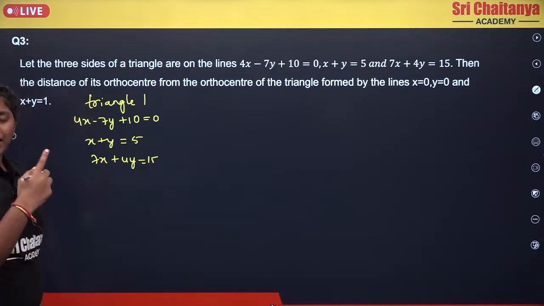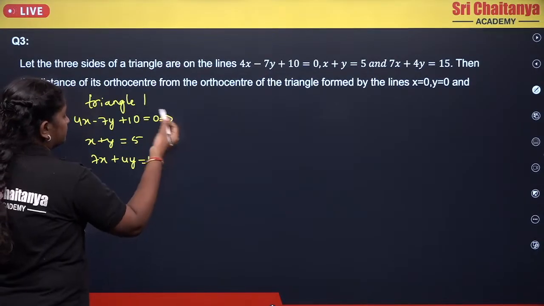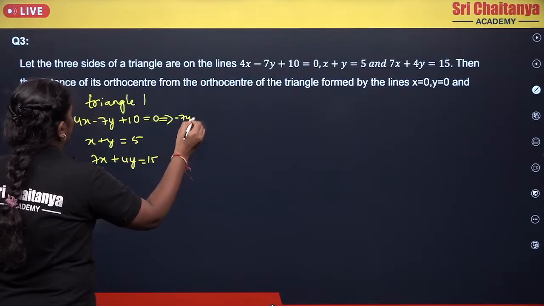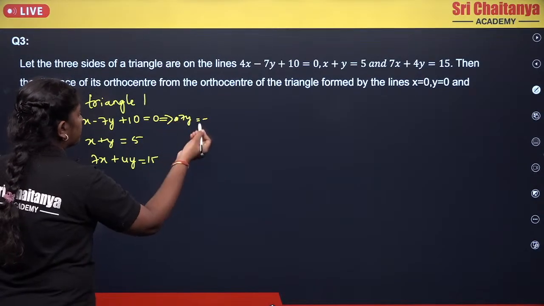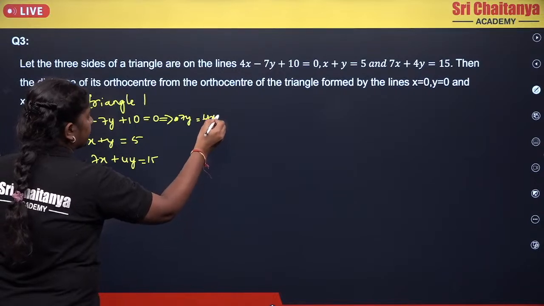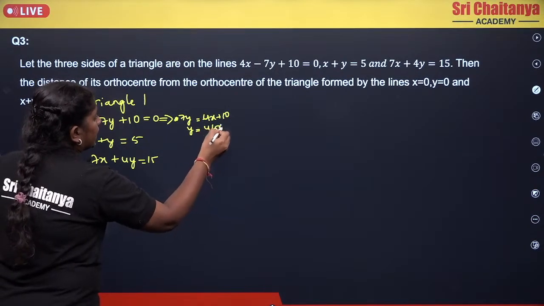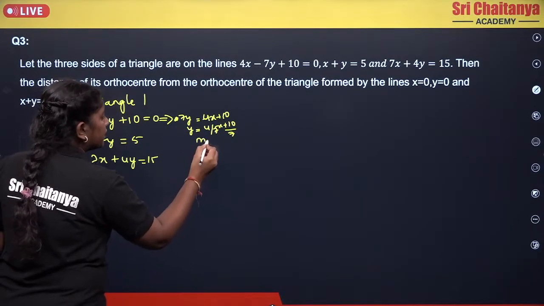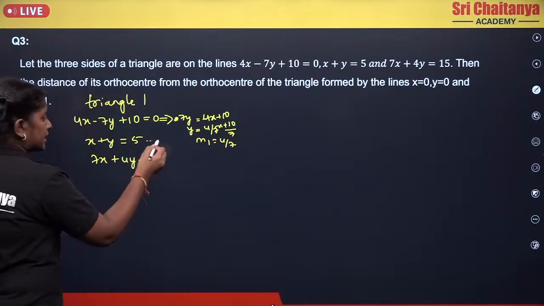Okay, let's find the slopes for the individual sides. It becomes, so minus 7y equals, you can take your 7y to that side. So 7y equals 4x plus 10 and from there y equals 4 by 7 x plus 10 by 7. Okay. Now m1 will be 4 by 7. Clear? Now for the second one.